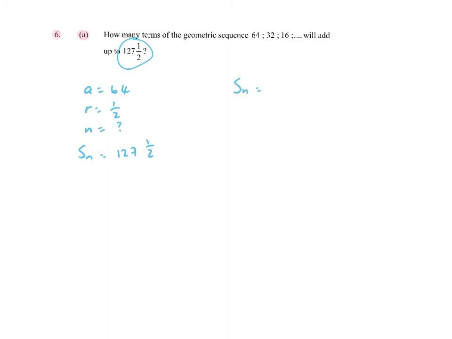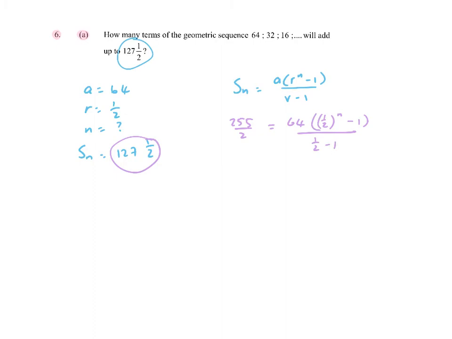So Sn is equal to a(r^n minus 1) over r minus 1. So we know what the sum is now. The sum is equal to 127 and a half, or you can write it as 255 over 2, right, is equal to then a is equal to 64, r is equal to a half, to the power of n, we don't know what n is, minus 1, over a half minus 1.